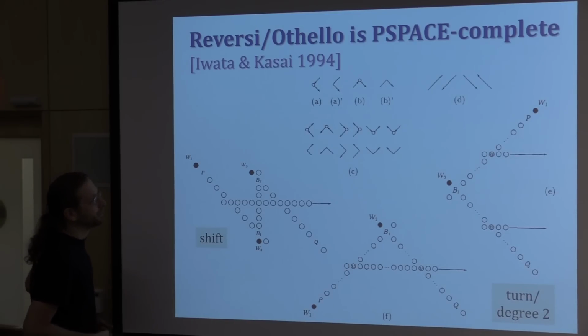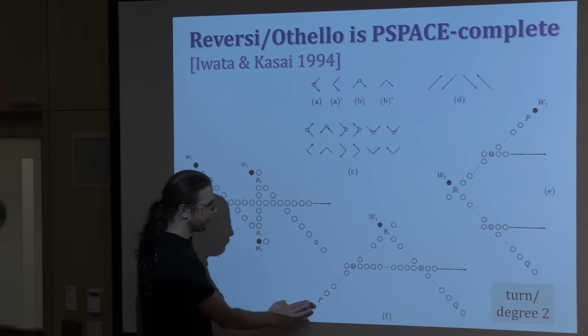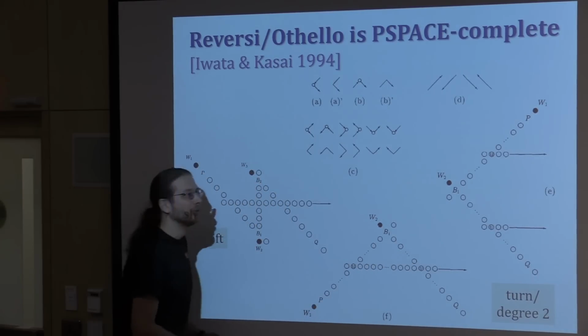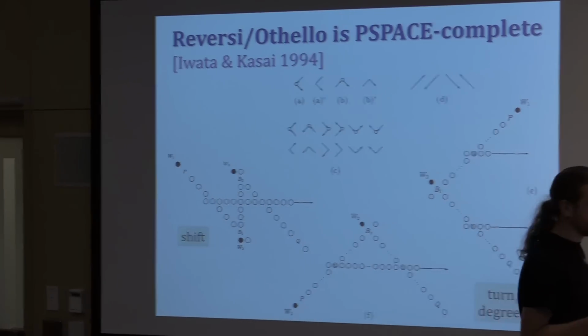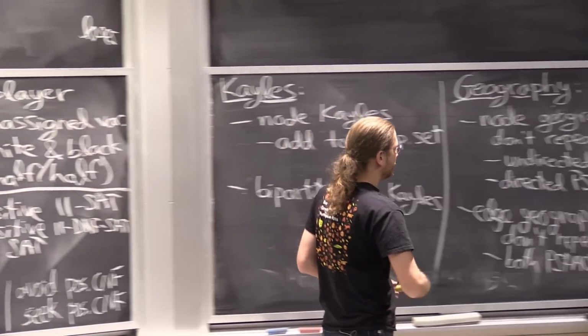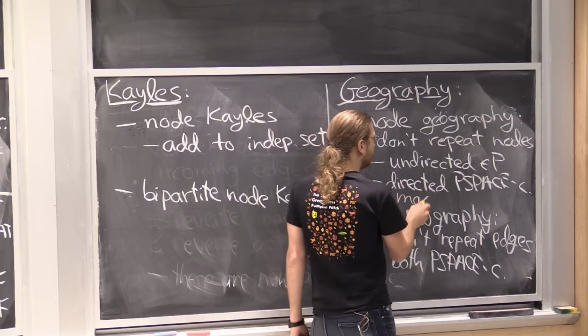Well, these are not terribly exciting, but let me show you the typical setup. This is just a turn gadget, or it could be a degree 2 vertex. I should mention we're reducing from directed node geography, which is also max degree 3.